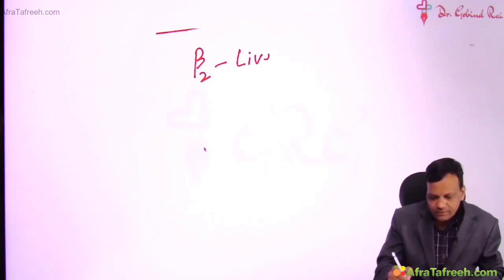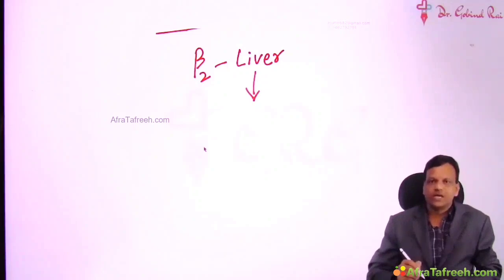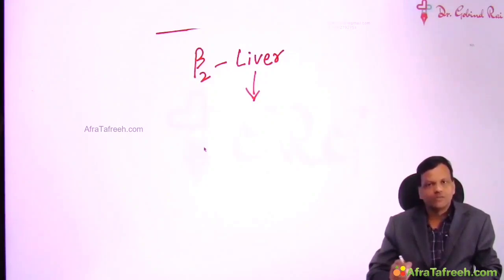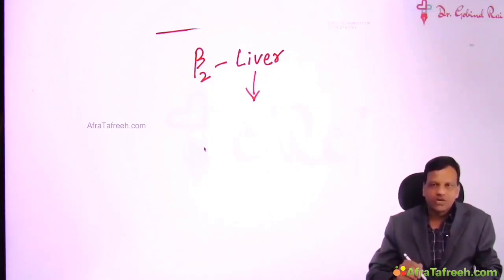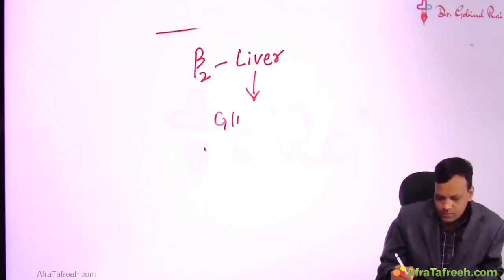liver will be stimulated. And we know liver is site of metabolism. So when beta 2 is stimulated in the liver, it will shift the metabolism in such a way that blood sugar starts increasing. That means all the biochemical processes which are forming blood glucose will be stimulated and which are consuming will be inhibited. So there will be stimulation of gluconeogenesis.